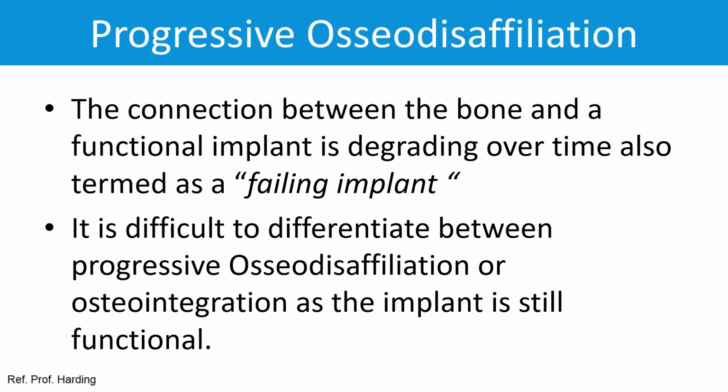It's difficult to differentiate between an implant which is slowly losing its attachment to the bone, or progressively undergoing osteodisaffiliation, and one which is actually healthy and osteointegrated, as the implant is still firm and functional, and there's an absence of pain.